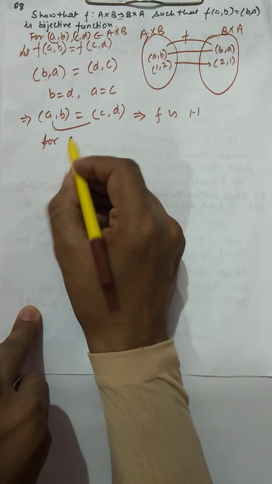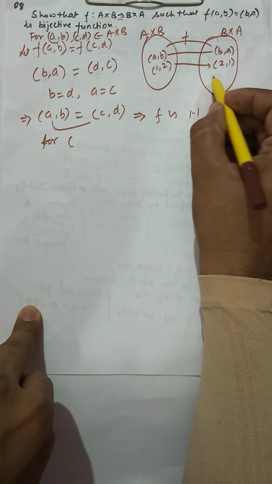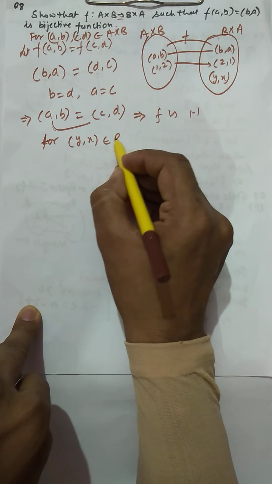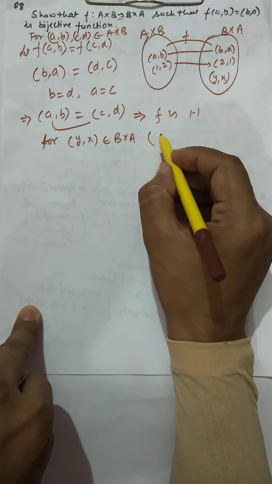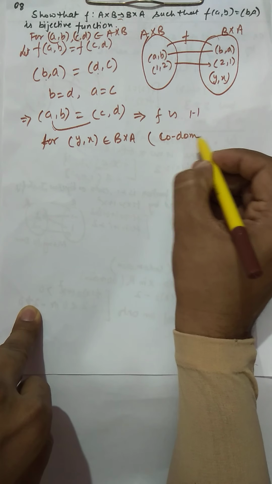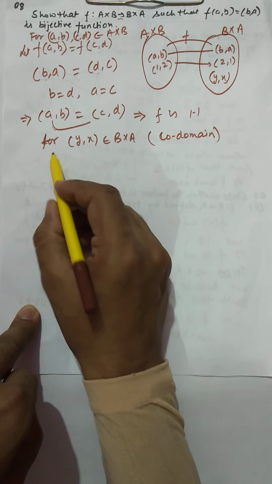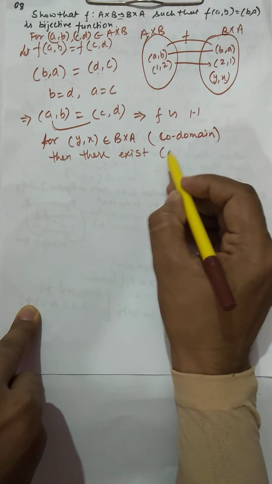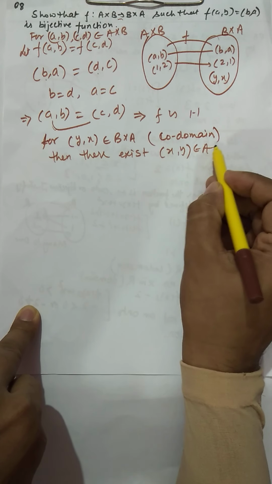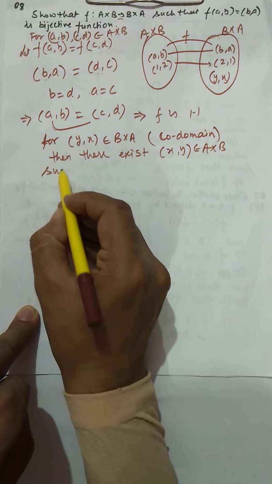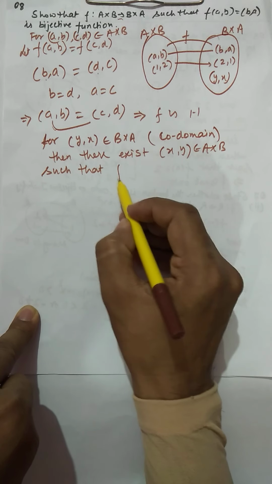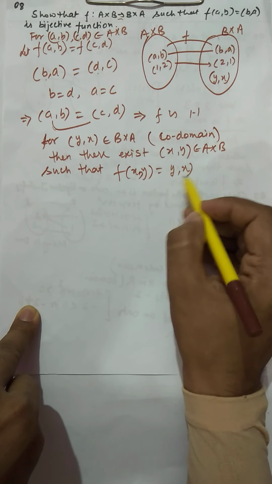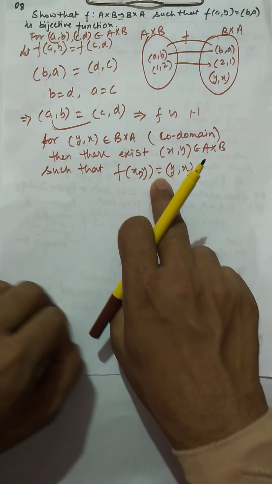We take this as (y,x). For (y,x) belonging to B cross A, we mention this is the codomain, and then there exists (x,y) belonging to A cross B, such that f(x,y) is going to be (y,x).